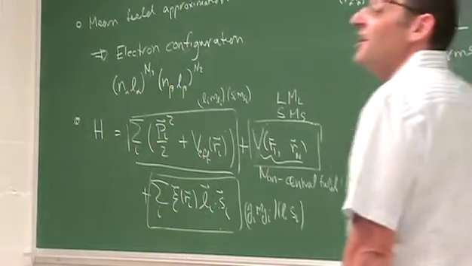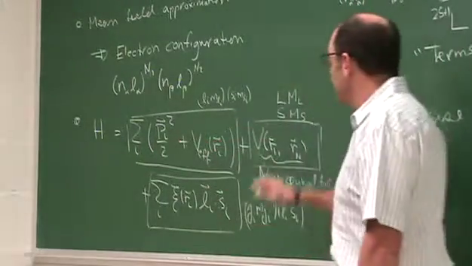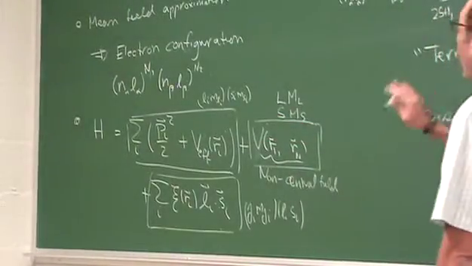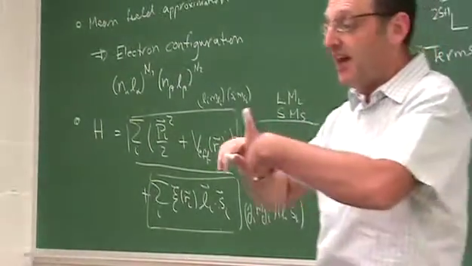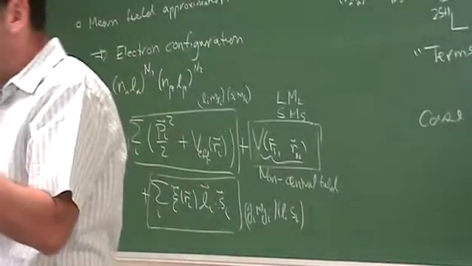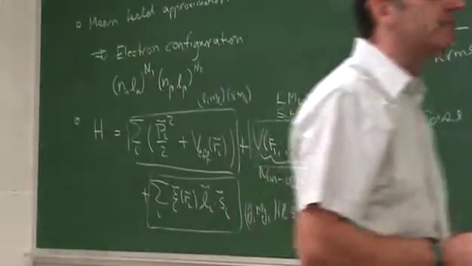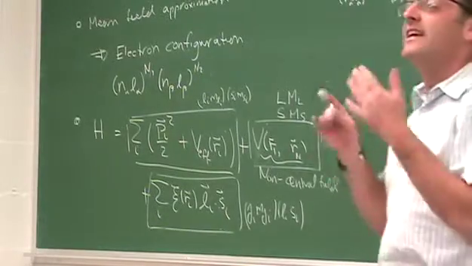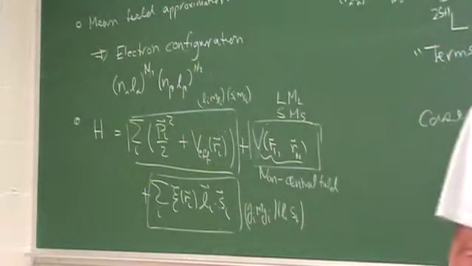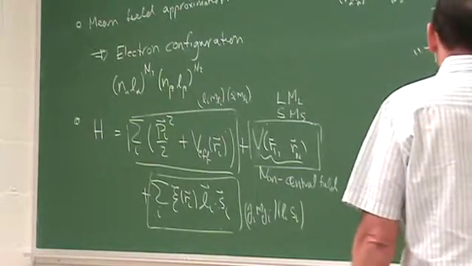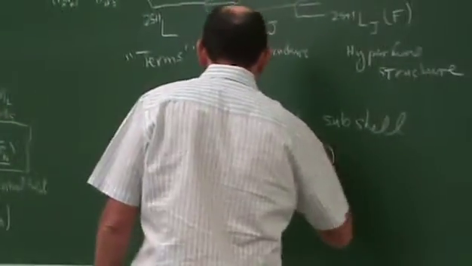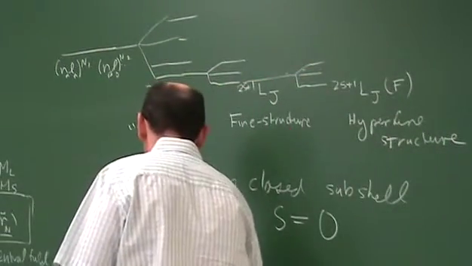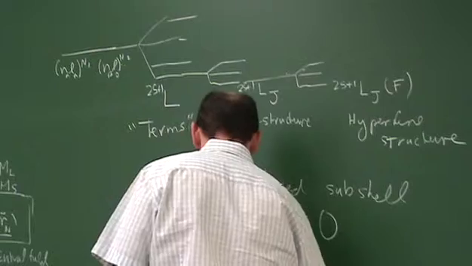Hartree-Fock is one with central field, in which case there are no such corrections. Moreover, the only term that's possible, because in a closed shell you have all possible m sub L values and all possible m sub S values, the only possible projection of angular momentum is 0. So in the case of a closed shell, we have L equals 0 and S equals 0, and the only term that's possible is the singlet S0.